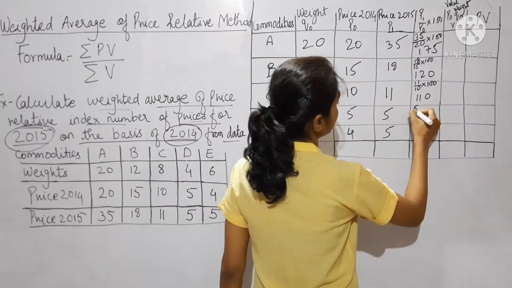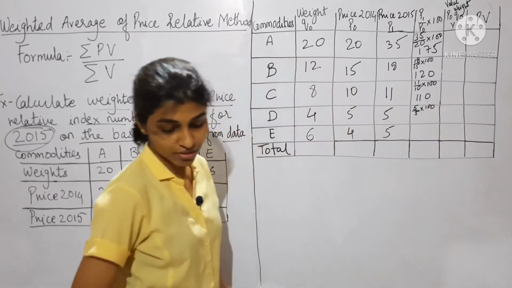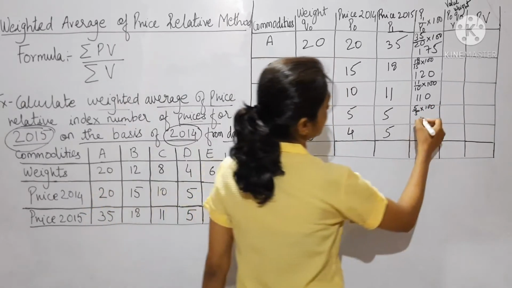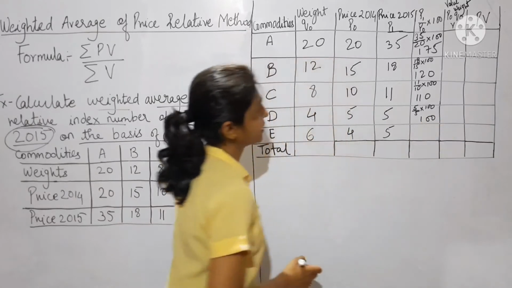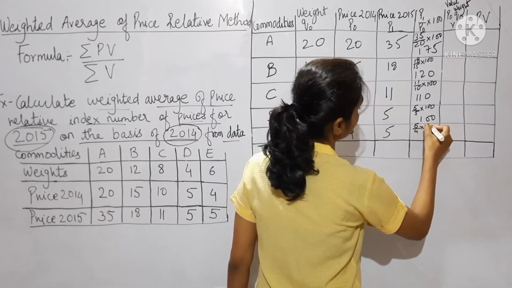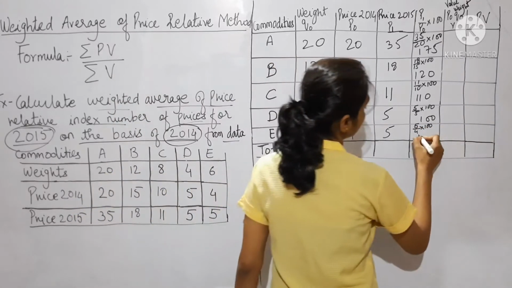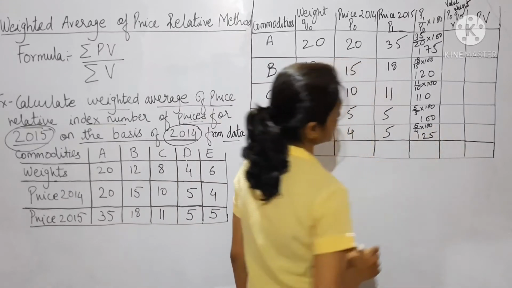Next 5 divided by 5 multiplied by 100 gives 100. Then 5 divided by 4 multiplied by 100, the answer is 125.